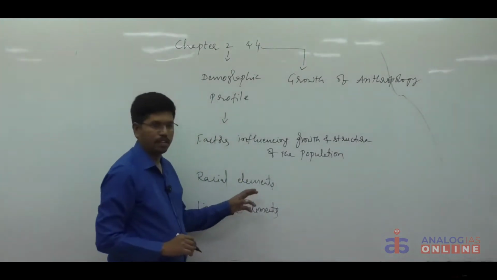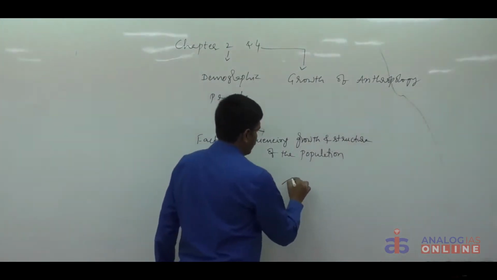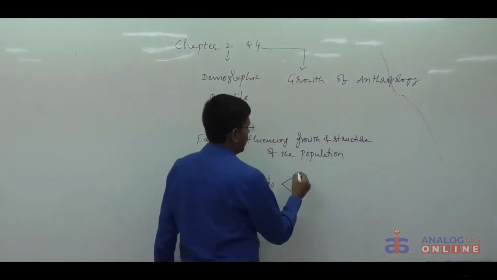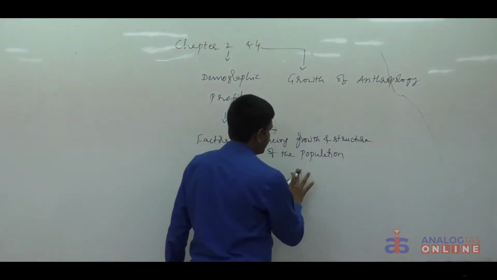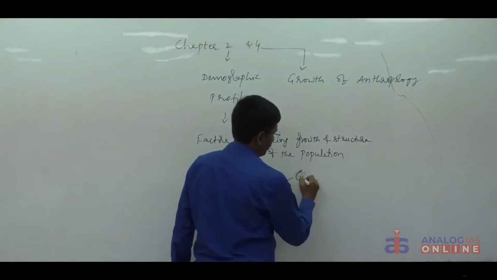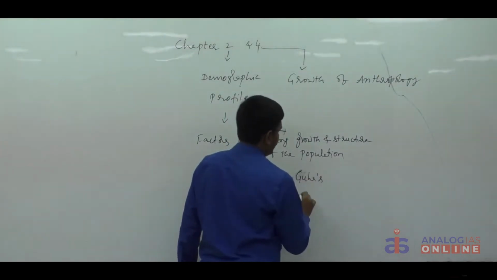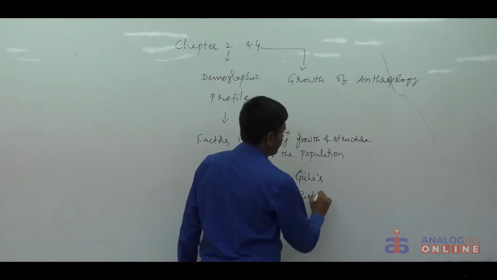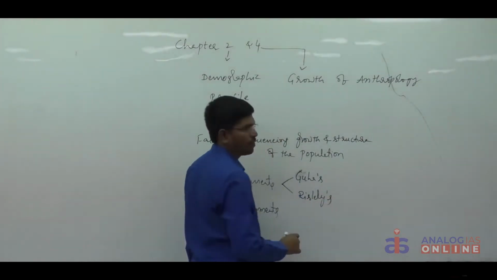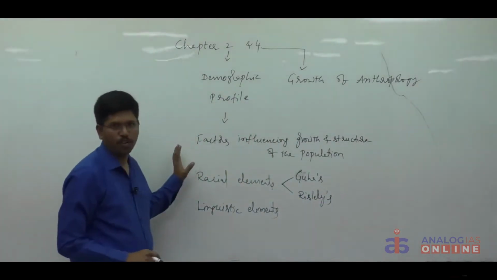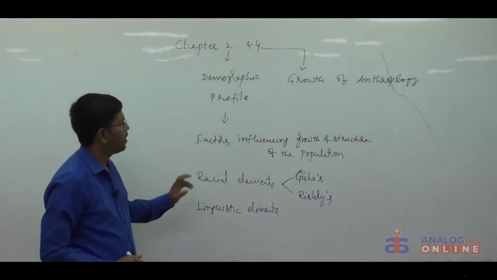But actually in racial elements we have 2 topics mainly. They are Guha's classification and Risley's classification. That's a total of 4 topics we have in our syllabus.